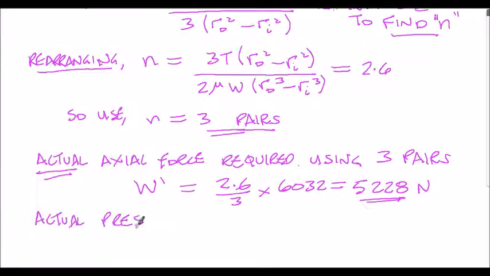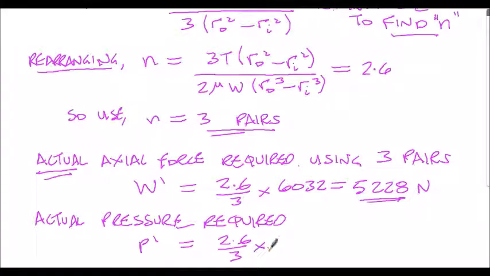So the actual pressure, I call that P dash. Again, that will be the ratio of the clutch plates, 2.6 divided by 3, but this time it's multiplied by the pressure that was given in the question. I think it's 1.2 megapascals. So my value is 1.04 times 10 to the 6 newtons per meter squared, or pascals, as it's sometimes written in pressure terms.